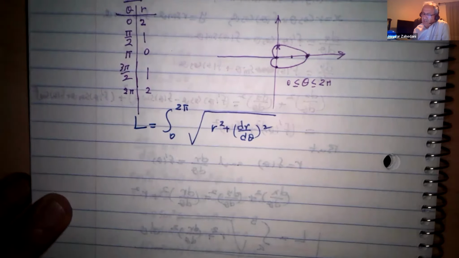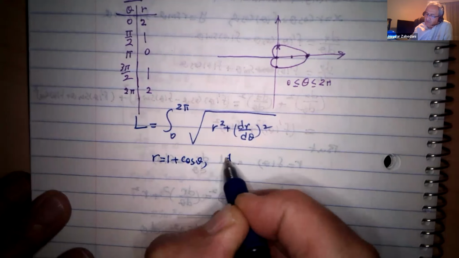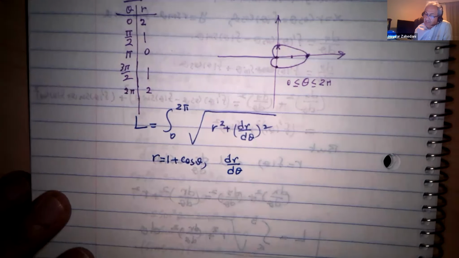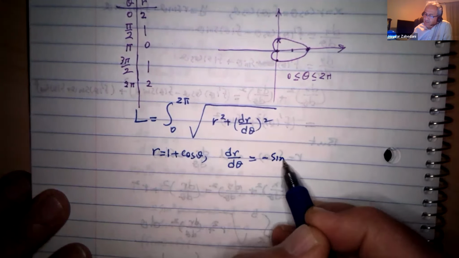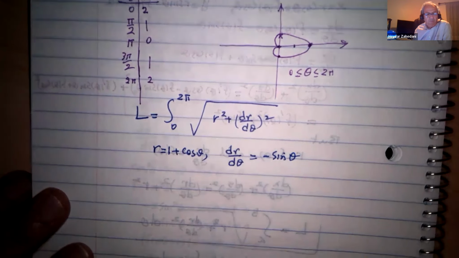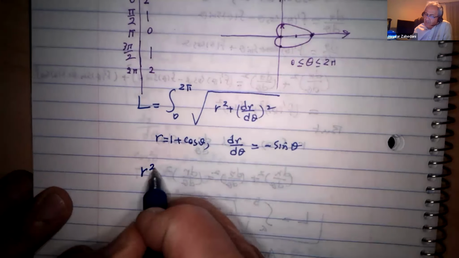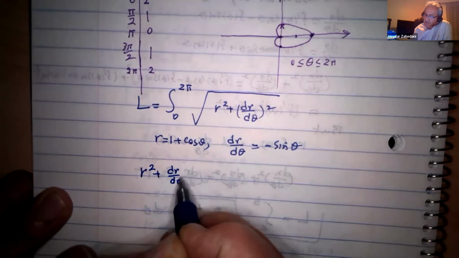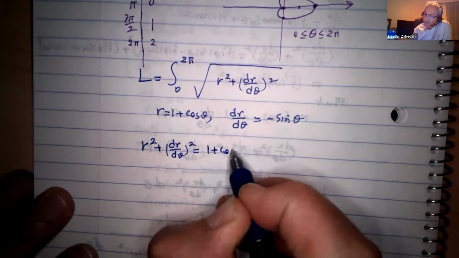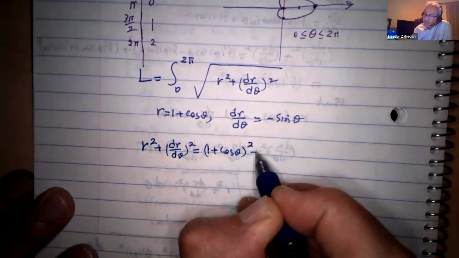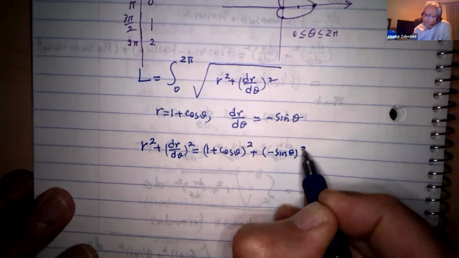So you have to differentiate the coordinate. The r is 1 plus cosine of theta. So dr d theta, or just f prime, is going to be the derivative of 1, which is 0, and the derivative of cosine, which is negative sine. We simplify this as much as we can, then we go back. So r squared plus dr d theta all squared: r is 1 plus cosine of theta all squared, plus negative sine of theta all squared.